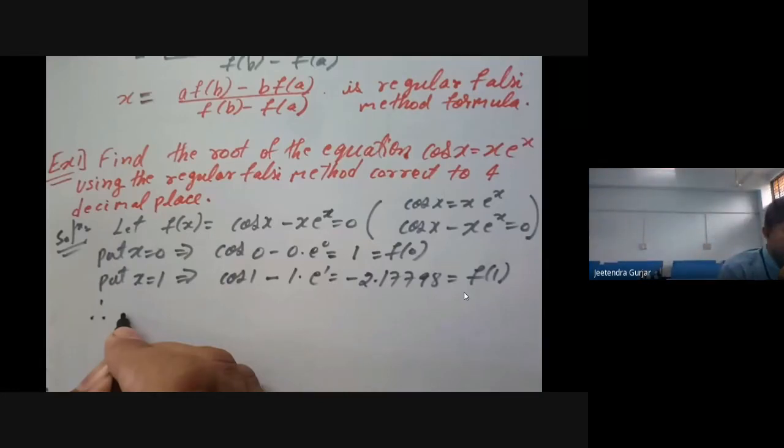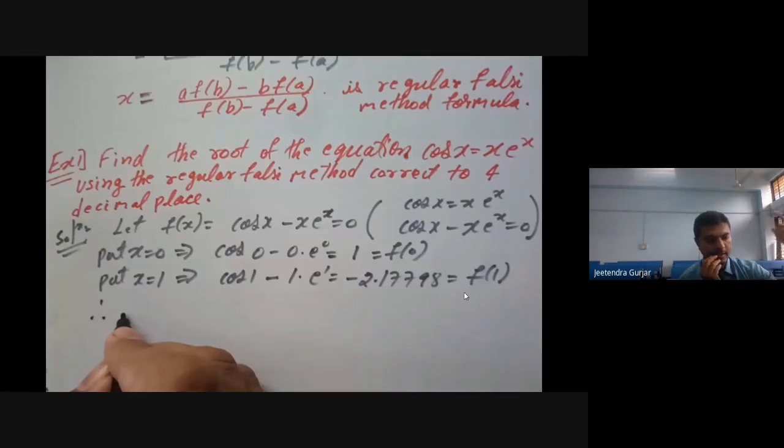Now therefore, another thing you have to remember is f of 0 is positive, or greater than 0. Remember this step. I'll repeat once again. F of 0 is greater than 0. F of 1 is less than 0. This condition must be there.